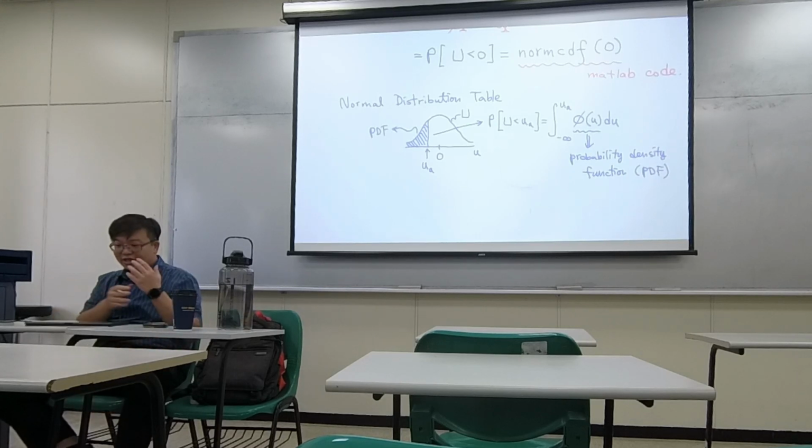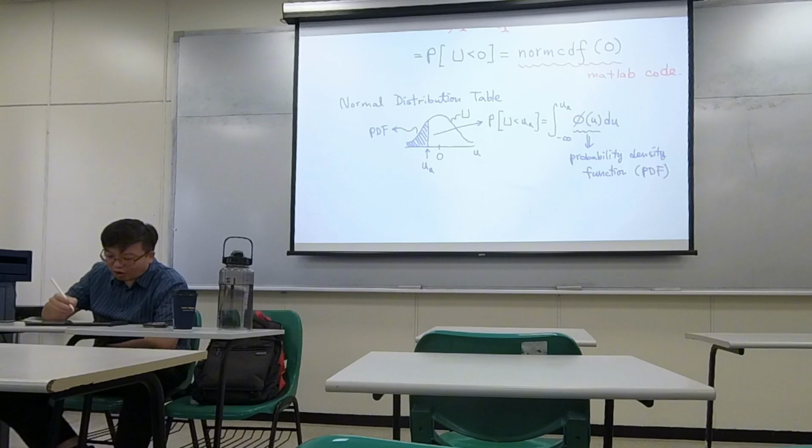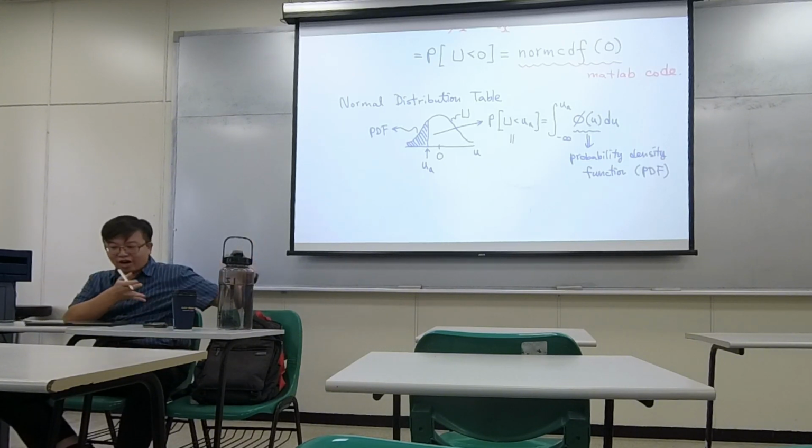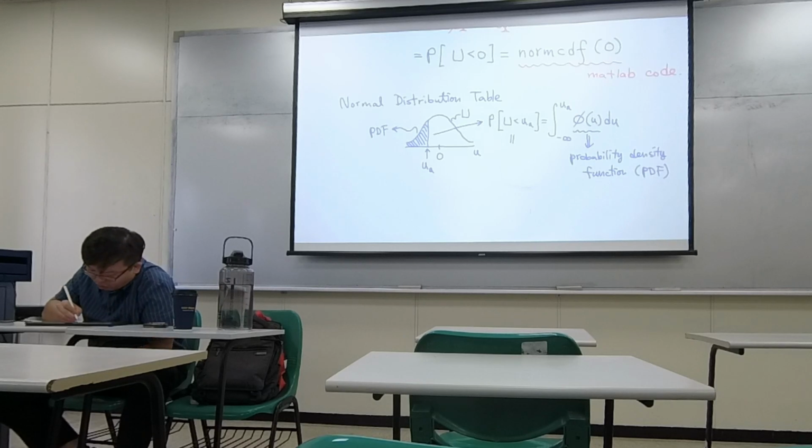Okay? And people also name the area value right here as the capitalized phi, and put a UA here.